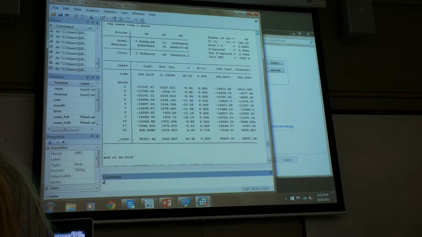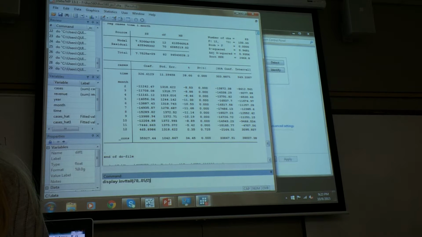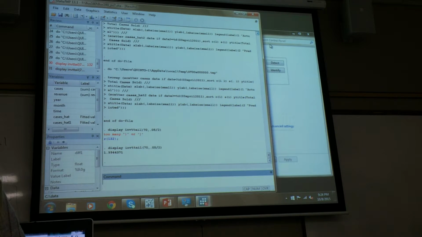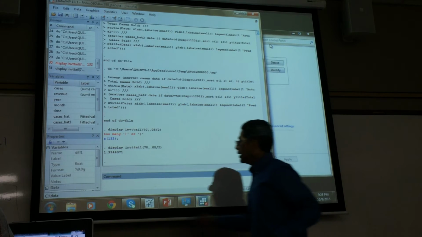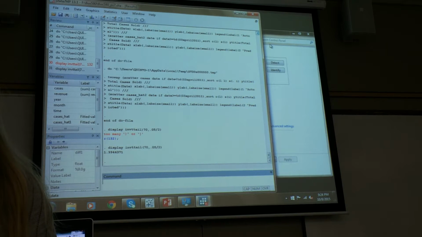The command is display, and it's inverse t-tail, INV T tail. Display inverse t-tail. The first number is the degrees of freedom.